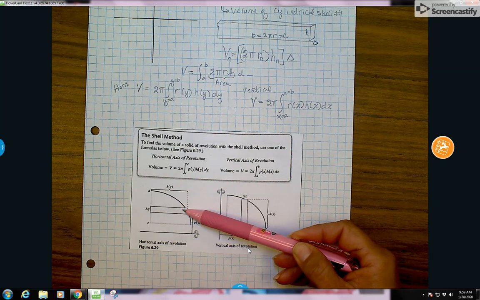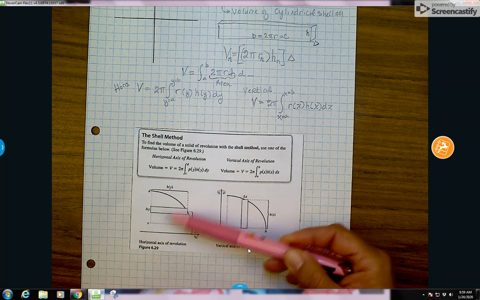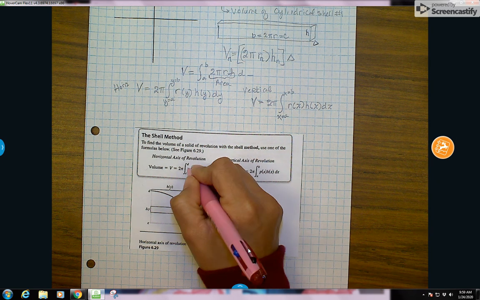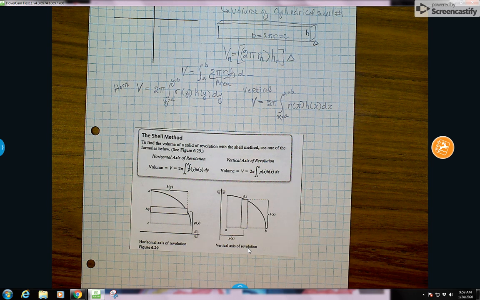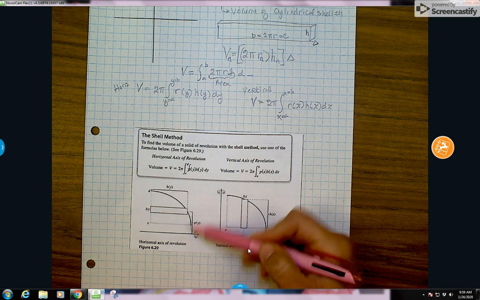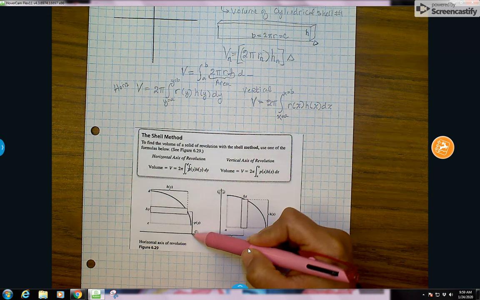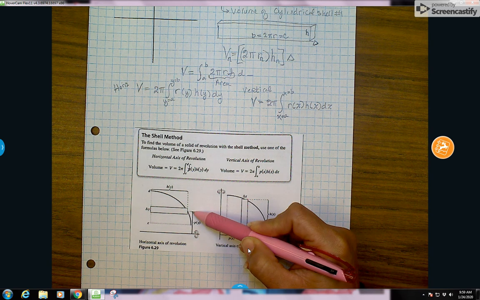And so when you rotate this part, this becomes your cylindrical shell. And I'm going to change this p to an r. So it represents radius. And the radius is this length right here, the distance from the axis of rotation to the cylindrical shell.